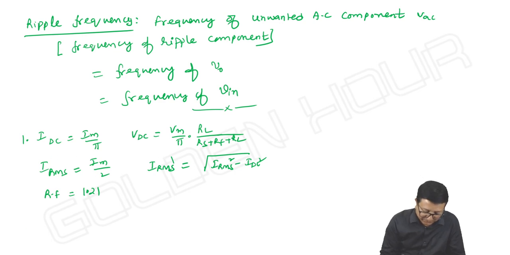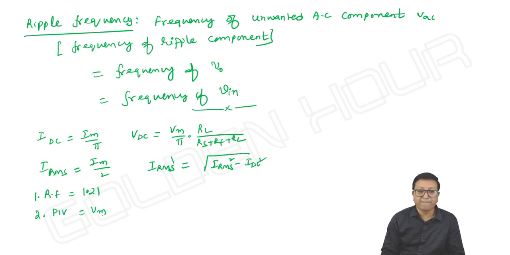Okay, from these values we calculated some parameters like ripple factor, and the second one is peak inverse voltage. It is Vm. And what is its significance? We have seen. Next, percentage regulation. It is equal to RS plus RF by RL into 100.